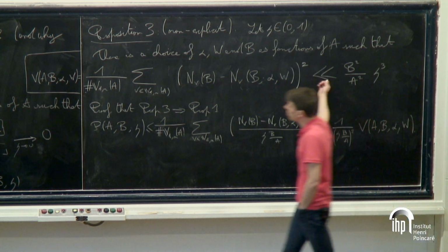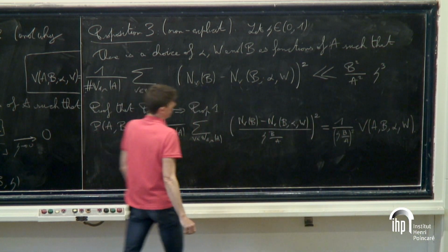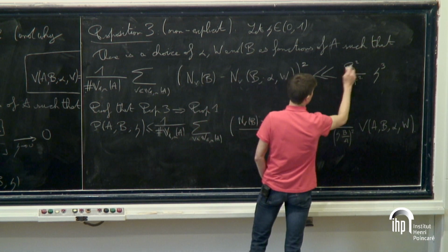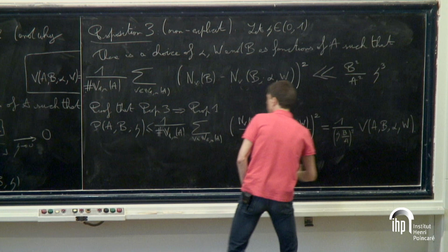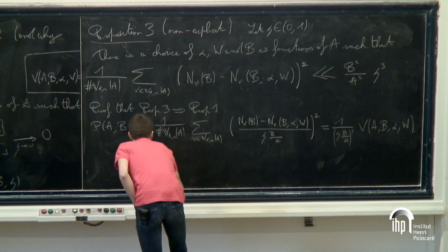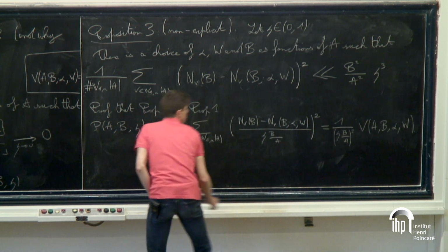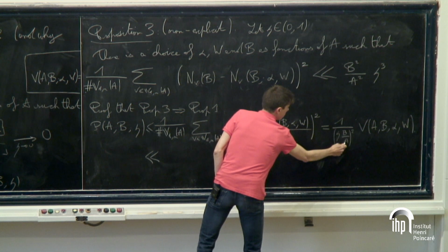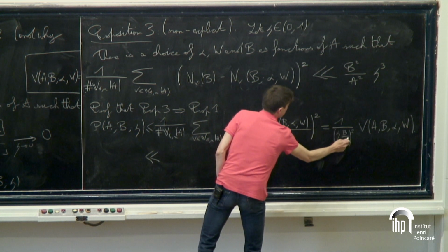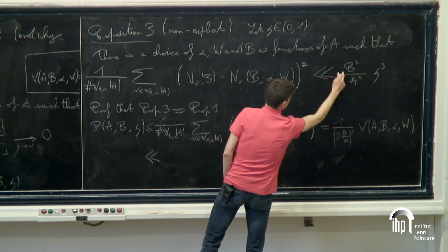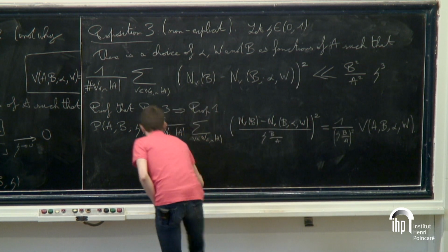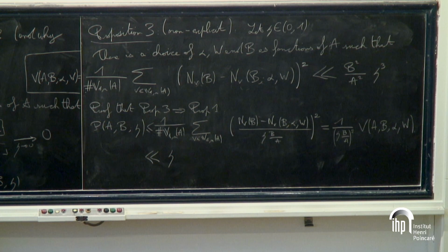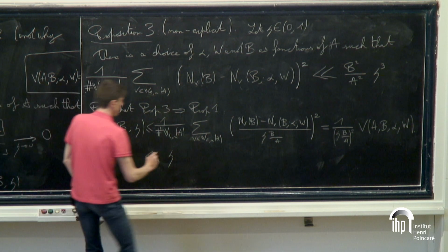Okay, but now if we have proposition 3, then this is bounded by B squared over A squared times eta cubed. So by proposition 3, B squared over A squared simplifies with this one, and we have eta cubed and eta squared below, so we get just eta. Okay?